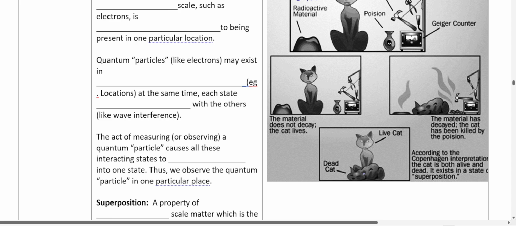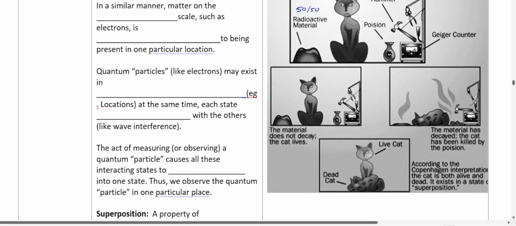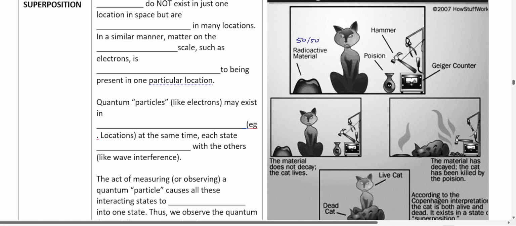So only when we open the box does one of the realities come true, and the other reality no longer ceases to be true. So this is the concept of superpositioning, that there are multiple states of reality, and the act of observing or measuring alters the reality.